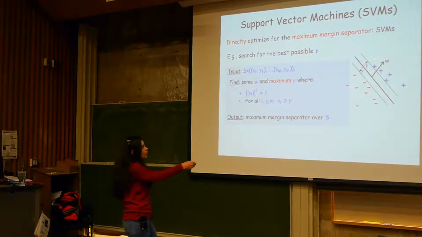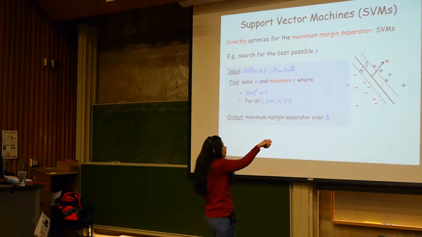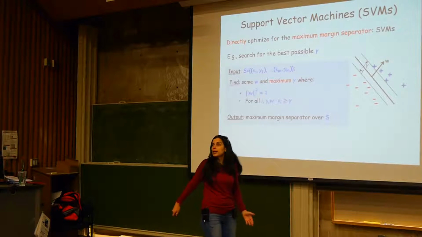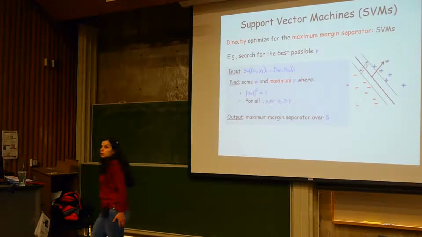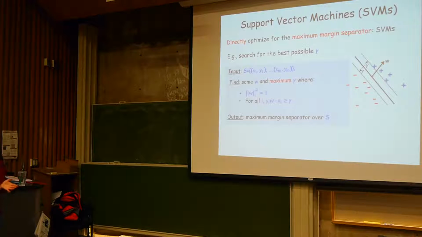So all the positive points are on this side of this hyperplane, and all the negative examples are on this side of the hyperplane, and the margin here is at least gamma, pictorially. Right? So is the formulation clear? I just wrote down mathematically what we are looking for. And in this form, it's exactly the optimization problem of finding a maximum margin separator of a given fixed set of examples in the realizable case where the data is truly linearly separable.